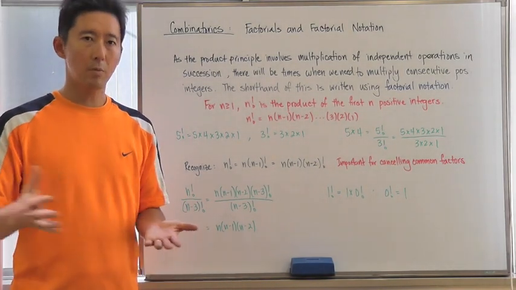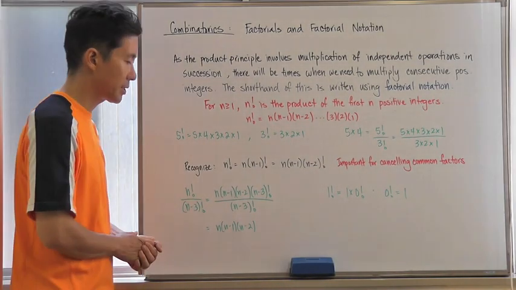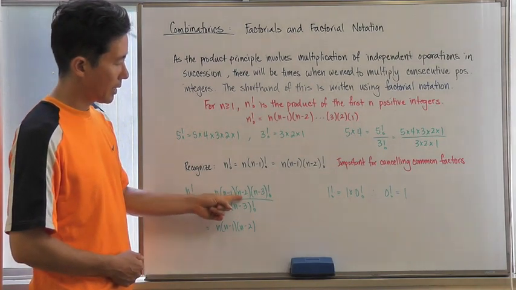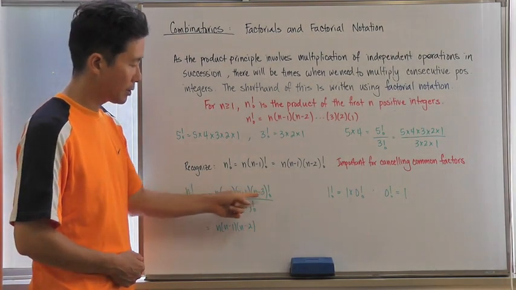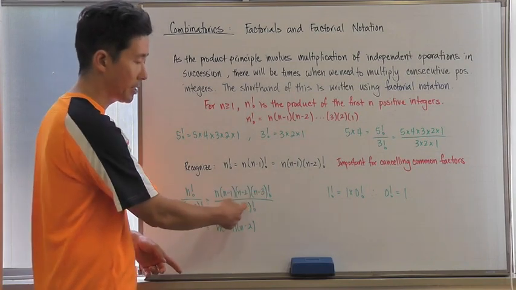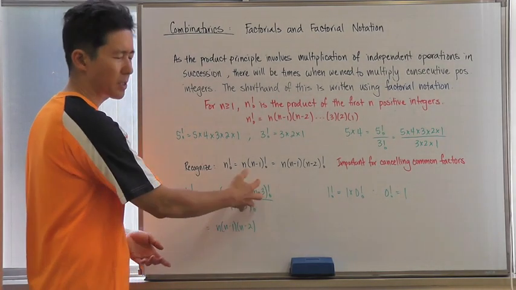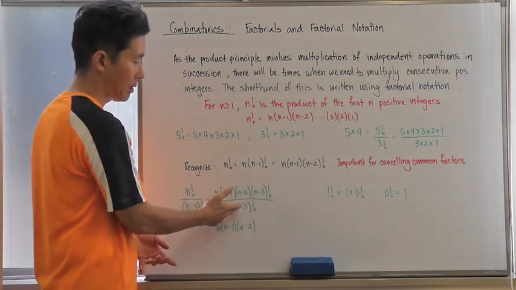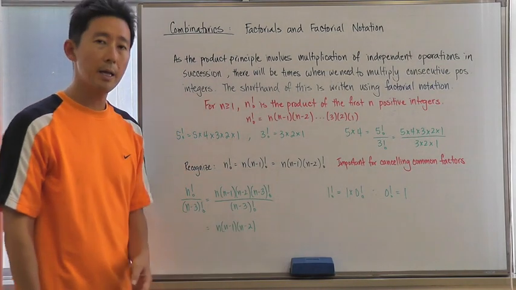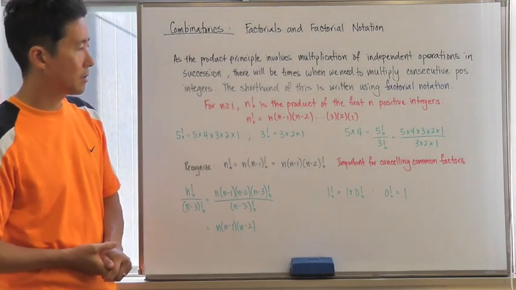Once we find them, we can cancel them out and simplify the expression altogether. So notice that we have n times n minus 1 times n minus 2 times n minus 3 factorial. The reason we do that is because we have the n minus 3 factorial in the denominator as well. So now we can cancel out all of those factors, and I can simplify this to just n times n minus 1 times n minus 2. So we know that we can use it to cancel common factors.